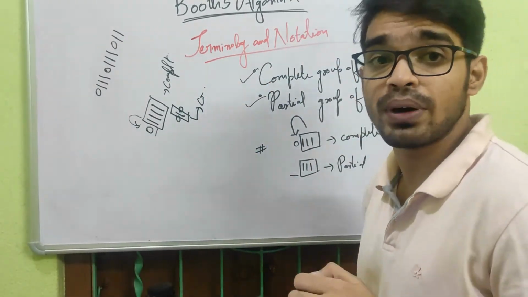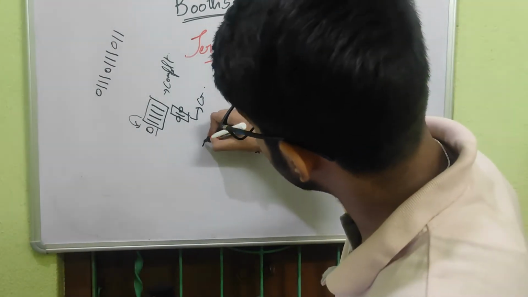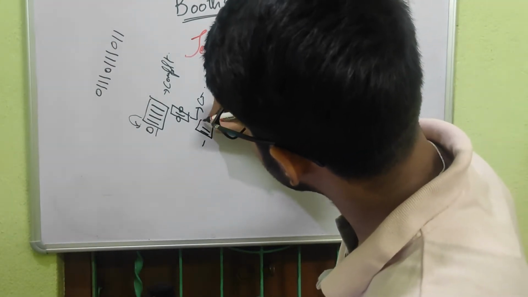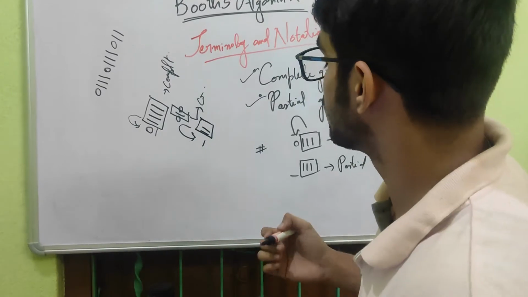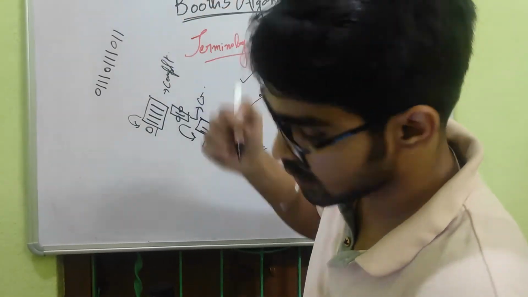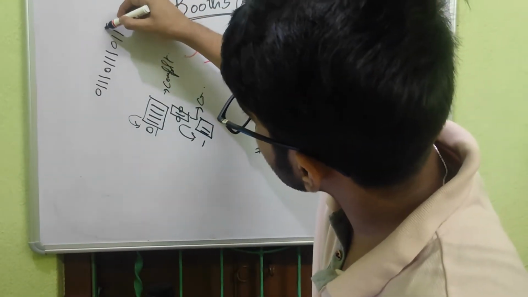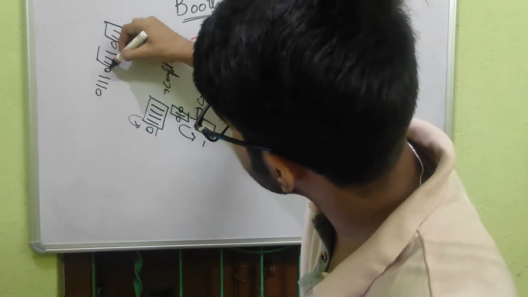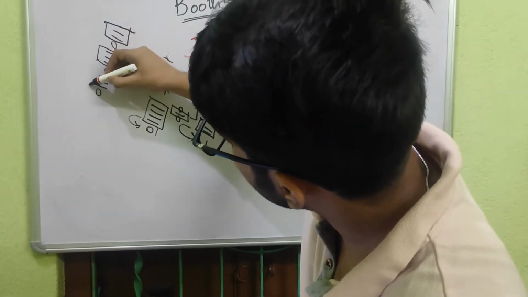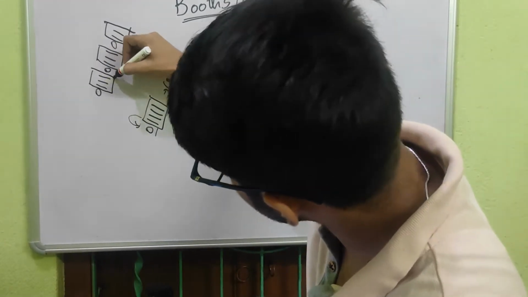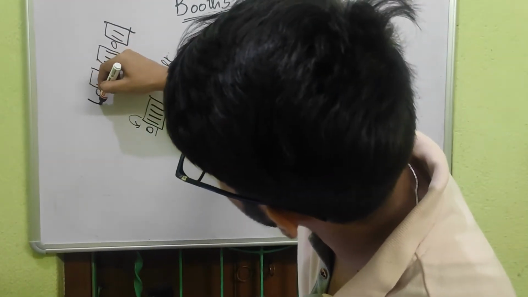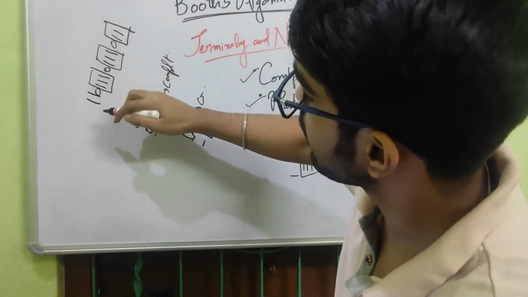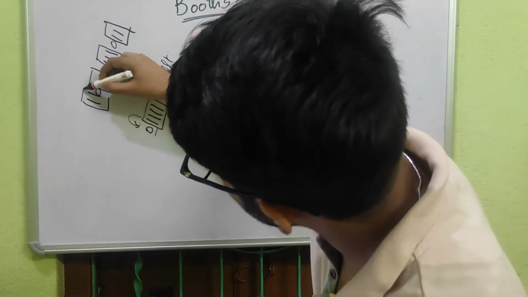Whereas for a partial group, we do not have any 0 to its immediate left. Say for this we have one block of 1, this is another block, this is just another block, and suppose we have a few more strings of ones, so this also makes another block.